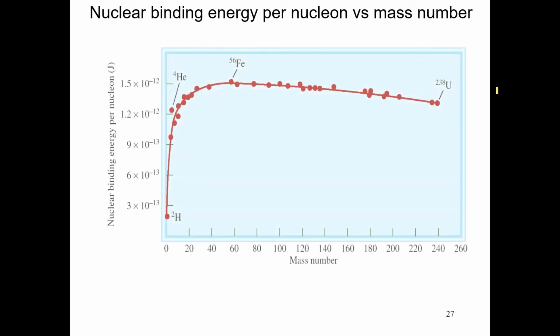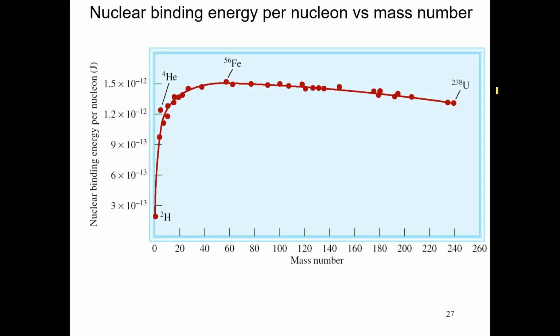We're going to plot the nuclear binding energy per nucleon versus the mass number. And we get this here. This is the graph that is generated in this process, right? So what does this tell us? Well, it tells us that essentially for very small mass numbers, we have very small nuclear binding energies, right?